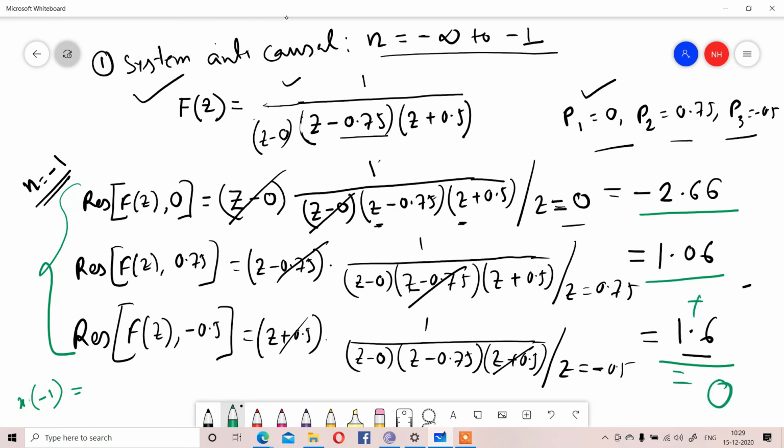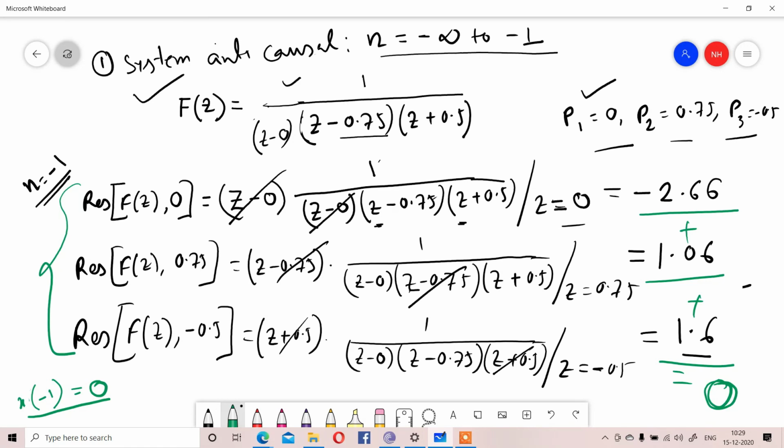If we add up these three, it will give you 0. So the value of x of minus n will be 0.